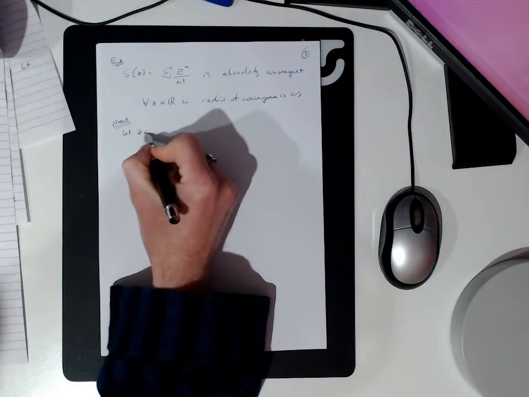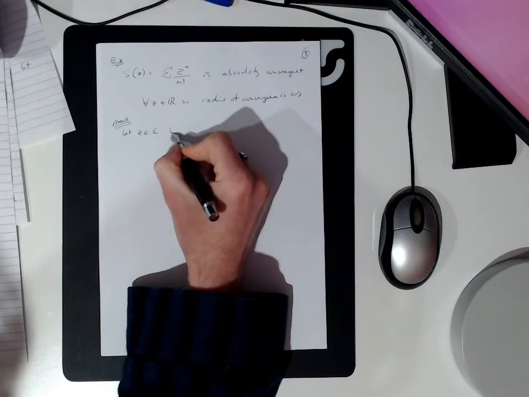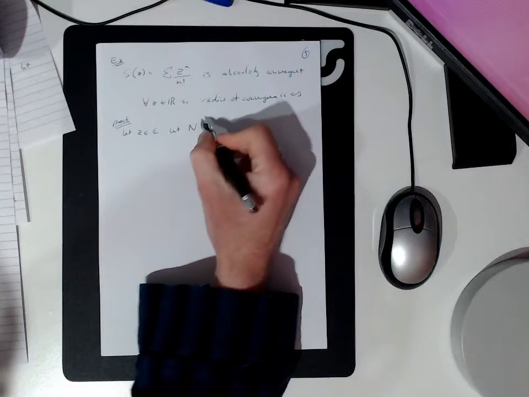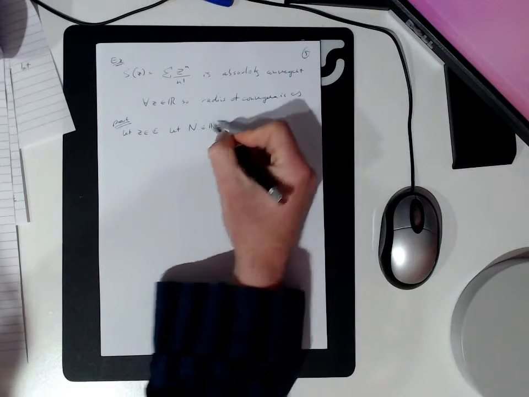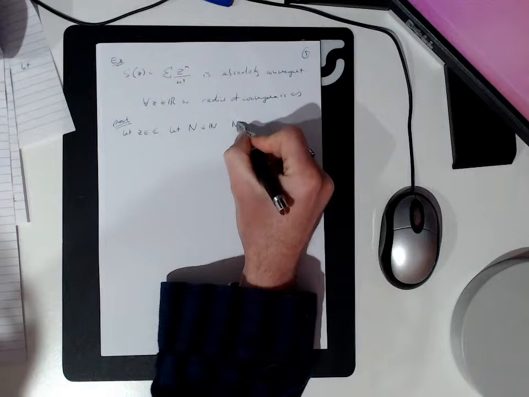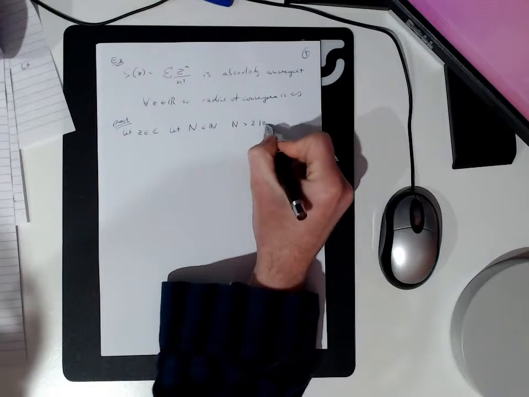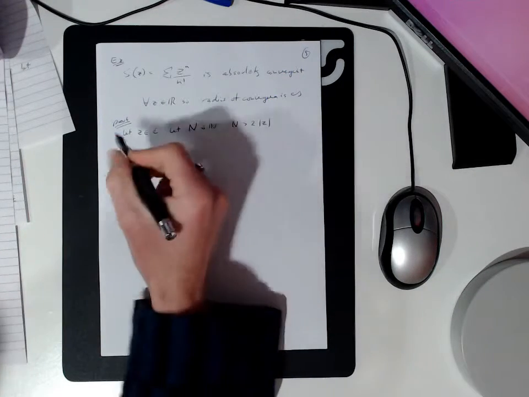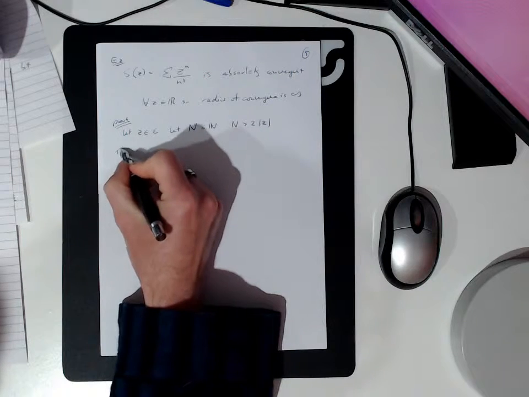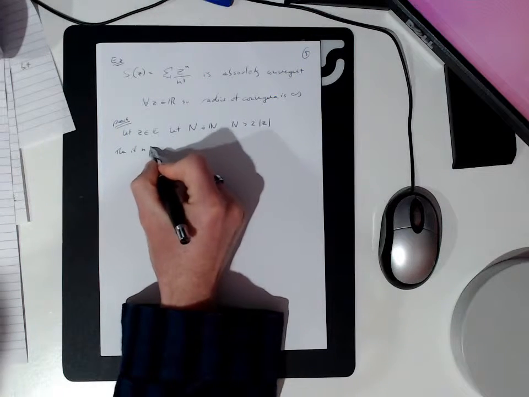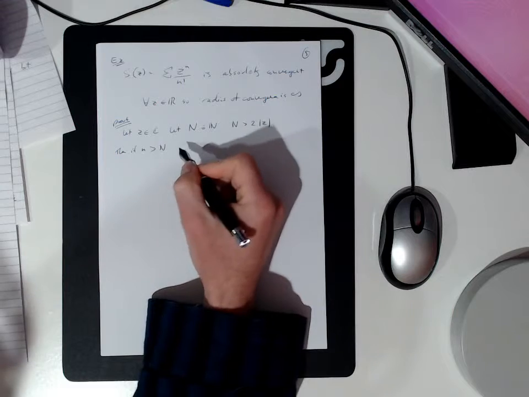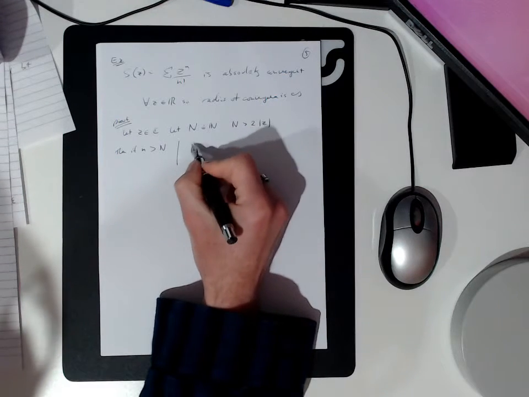Let z be inside the complex numbers. Let N be a natural number so that N is bigger than 2 times the modulus of z. Then, if little n is bigger than big N, we have the following.